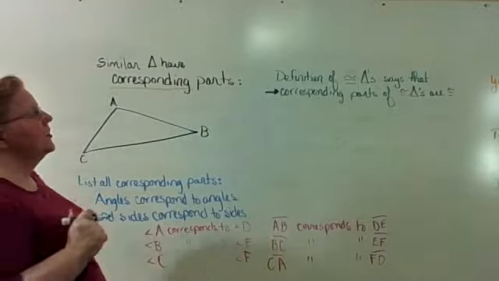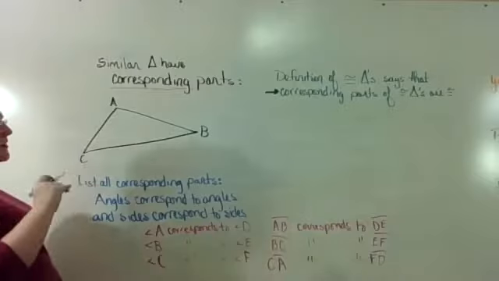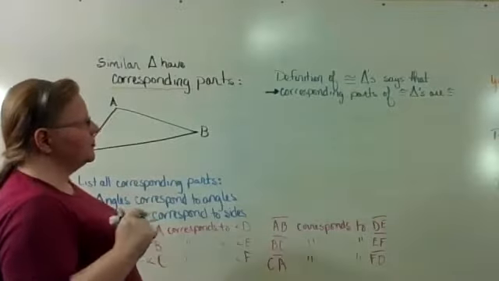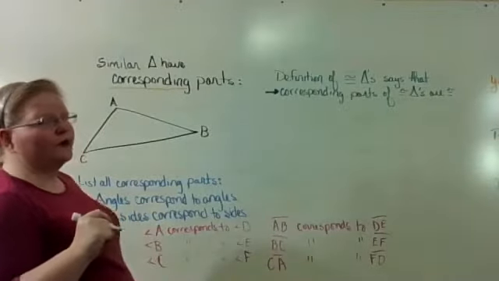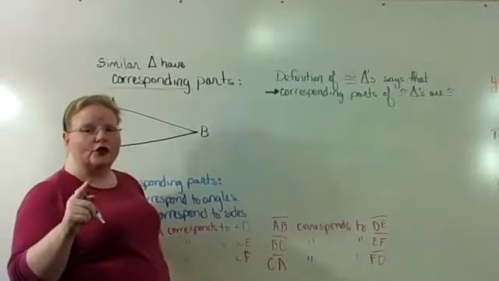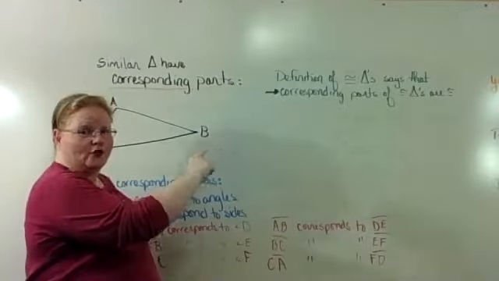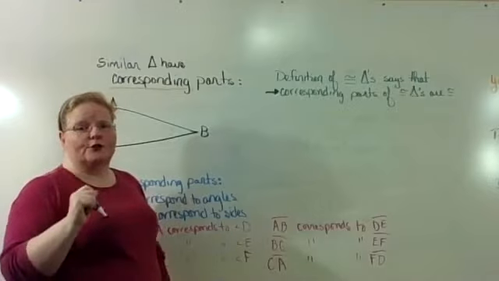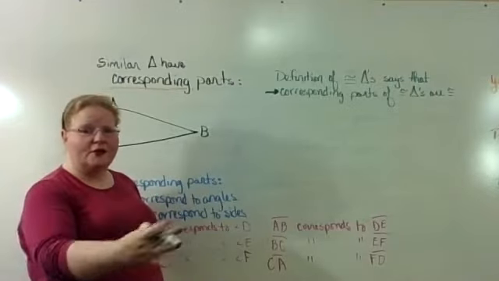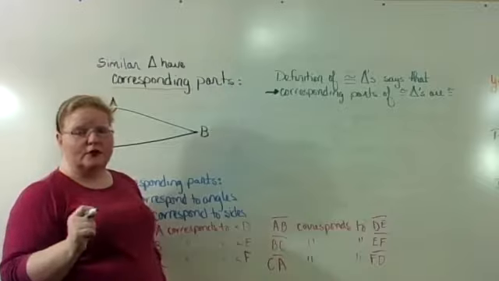Okay. So the definition of congruent triangles says the corresponding parts of congruent triangles are congruent. That's how we knew that the triangle that I had drawn was not a congruent triangle, because it had much longer sides, so they couldn't have been congruent.